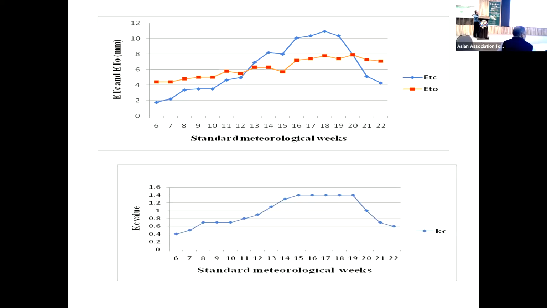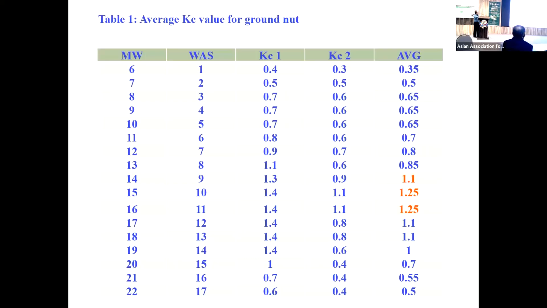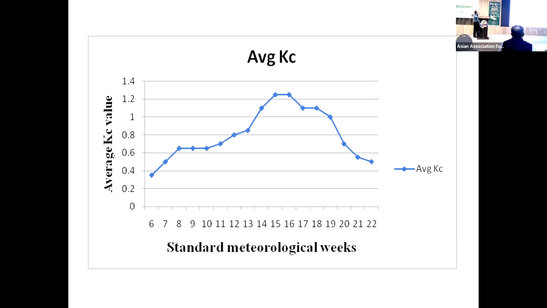That is the water requirement during the mid-season stage of that crop. Next. The average of these KC values is calculated for the 14th, 15th and 16th weeks of that crop. Next please. This is again the average graph of the KC values for the groundnut.